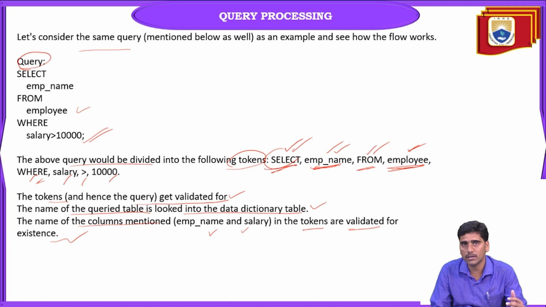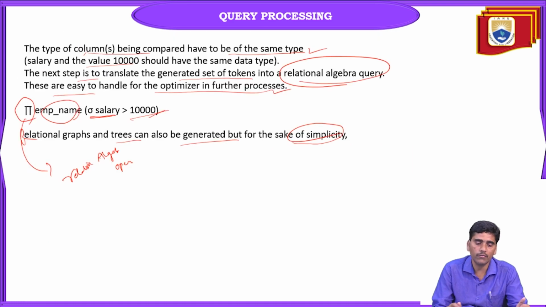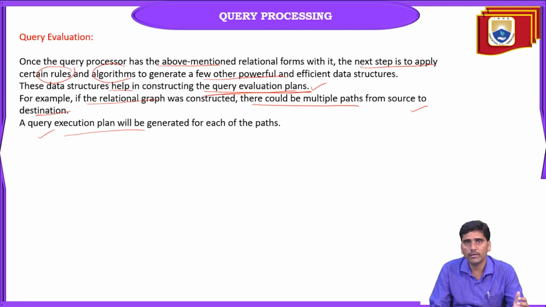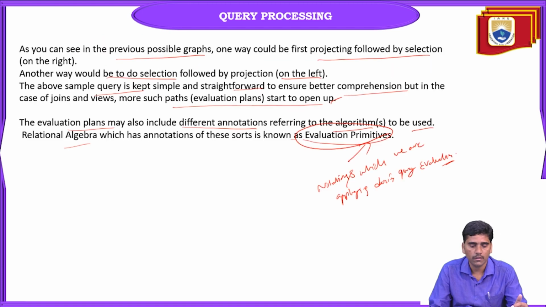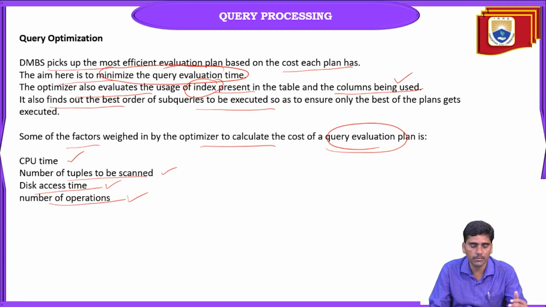After testing it, only then is it converted into relational algebra, with the selection and projection symbols of relational algebra. This is how query evaluation takes place: selection followed by projection, or projection followed by selection. This is the way query processing takes place, the evaluation primitives.